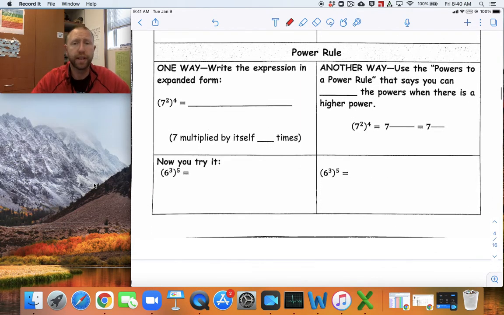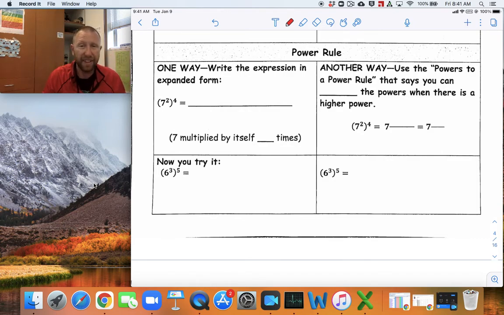The power rule says you're raising something that already has an exponent to another exponent, right? So it's a power raised to another power. So one way is to write the expression in expanded form. So again, when we have those parentheses, and we learned this in our review, the exponent that's outside the parentheses is saying that everything inside the parentheses is the base.